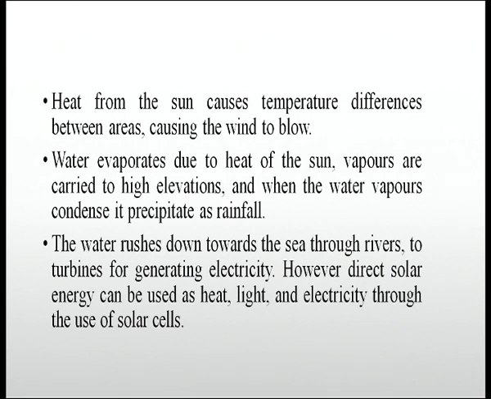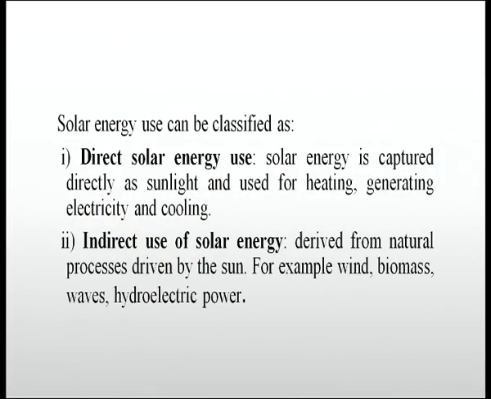However, direct solar energy can be used as heat, light and electricity through the use of solar cells. Now, solar energy can be classified as direct solar energy, where energy is captured directly as sunlight and used for heating, generating electricity and cooling.